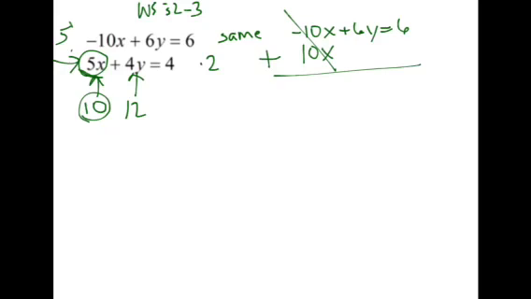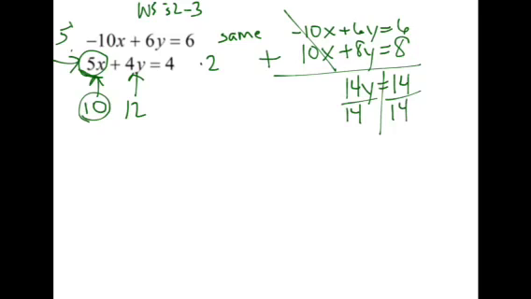Not just the 5x, but also the 4y times 2 for 8y, and then the equal sign, and then 4 times 2 for 8. And if we've done it right, 10x and -10x cancel, and I end up with 14y equals 14. In which case, it's a pretty simple and quick one to solve. It's just one step. Divide both sides by 14, and I now have one part of my answer.